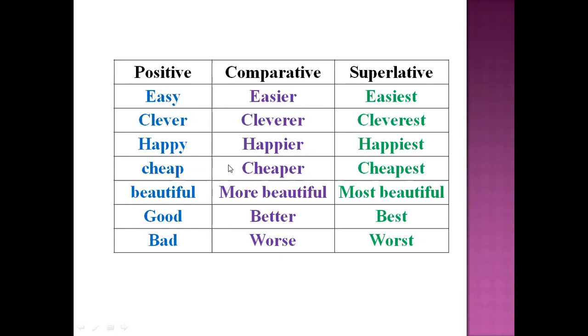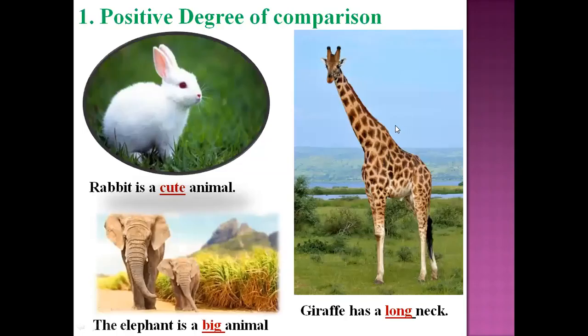Like this, we can change adjective forms from positive to comparative and from positive to superlative. In the next slide, we can see some pictures showing the positive degree of comparison.